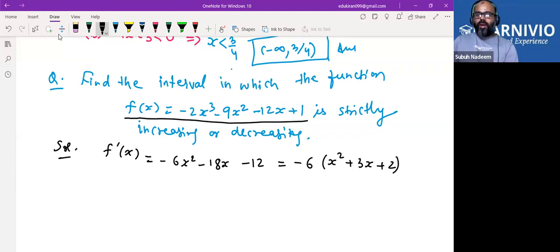Now you have to find when this function will be positive and when negative. You don't have to find both. If you find where it is positive, then negative will be the complement of that. So you just try to find where it is positive, then we will see where it is negative later on.